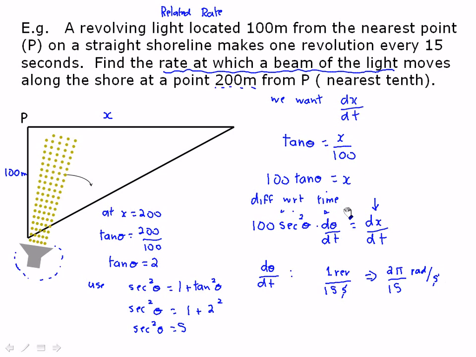So all that has to happen is, we've even got it isolated, dx dt. So I'm going to get a little bit of space to work, substitute those values in, and then I'm going to get an answer. And this one we want to the nearest tenth, so I will decimalize it ultimately.